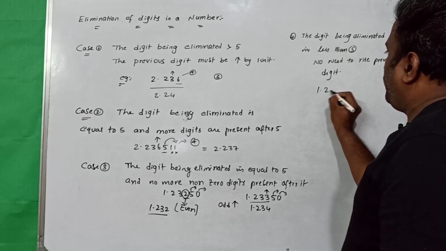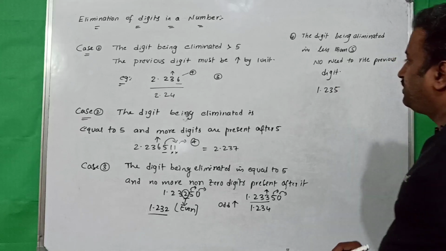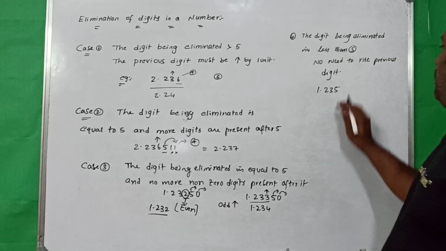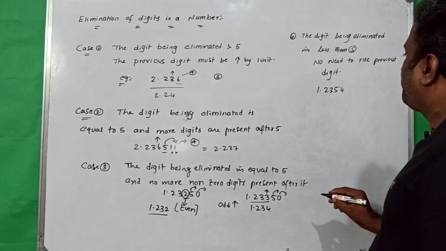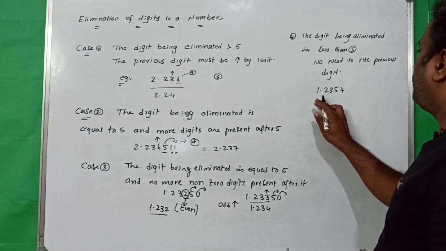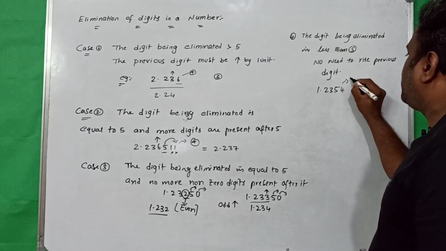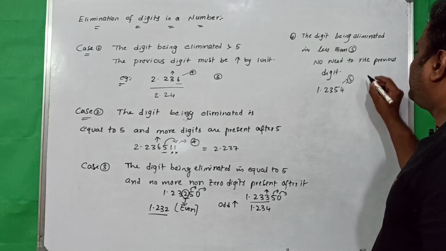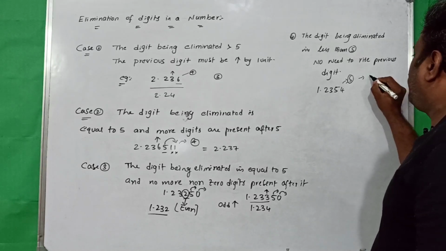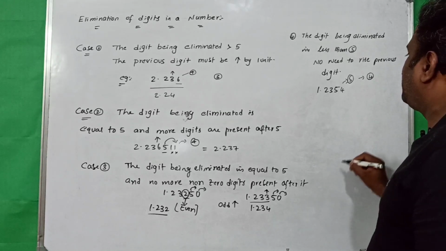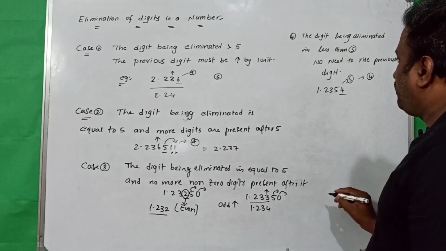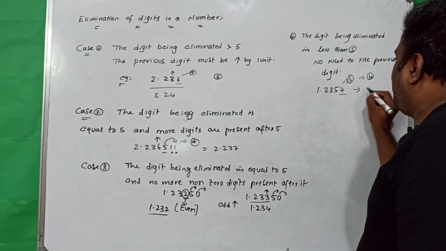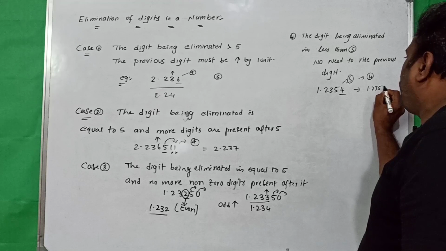Example, 1.2354. So here the number of significant figures is 5. I asked to write this in terms of 4 significant figures. Then I have to eliminate 4, which is less than 5. The answer is 1.235 only.